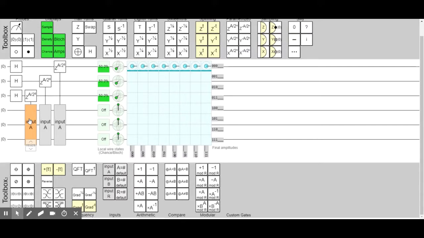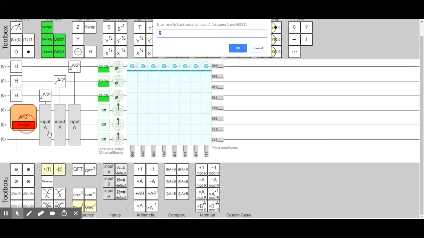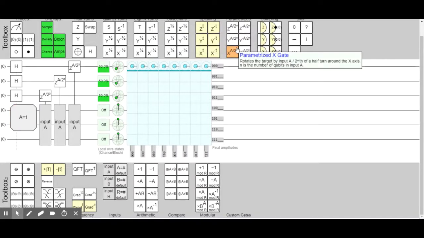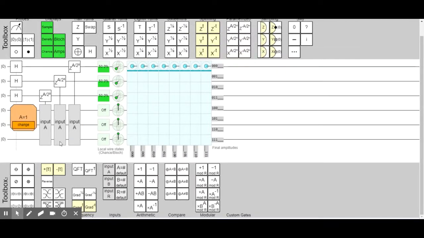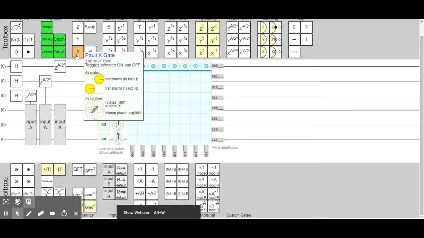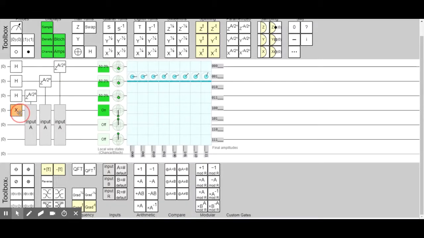So the input here is, I think you can default it, but I don't know how that works. If I can say it's 1, does this work at all? Can I just say, so it's a 1.